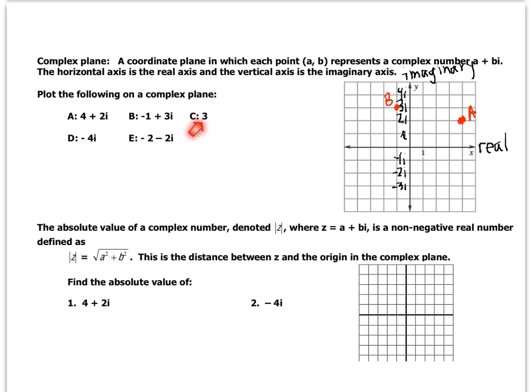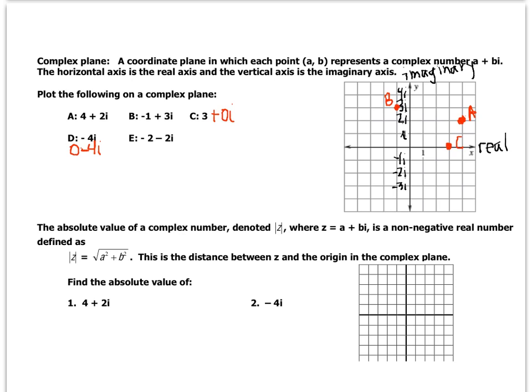C is just 3, and so really I could think of that as plus 0i. So if I go over 3 and then go up 0, it'd be right there. So 3 plus 0i would be right here. So there's C. D is negative 4i, so really I could think of that as 0 minus 4i.